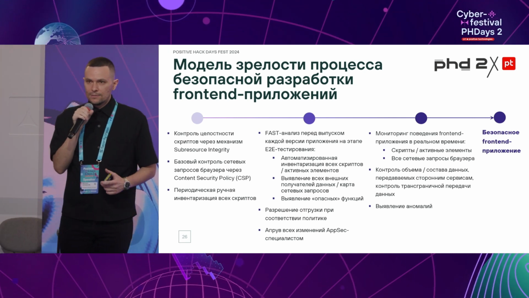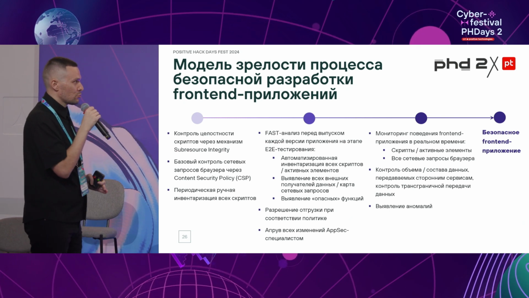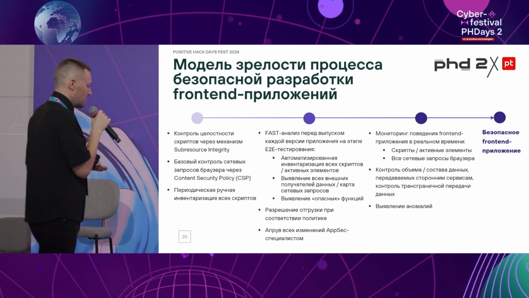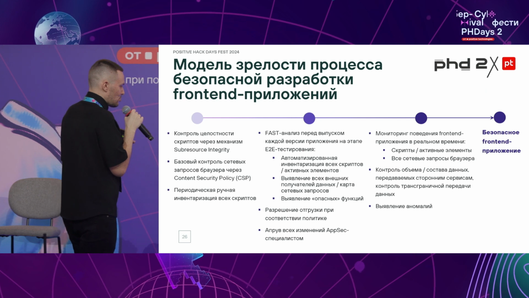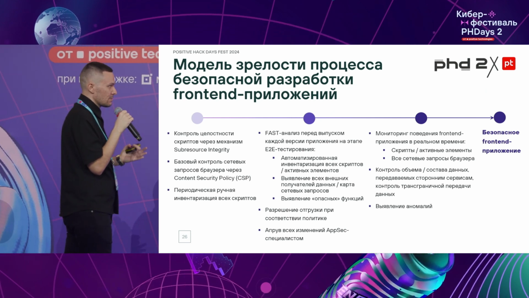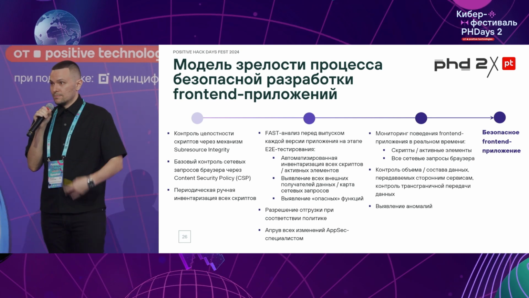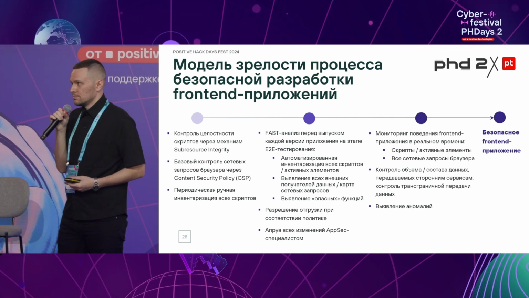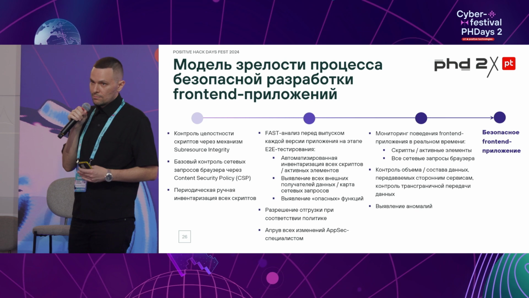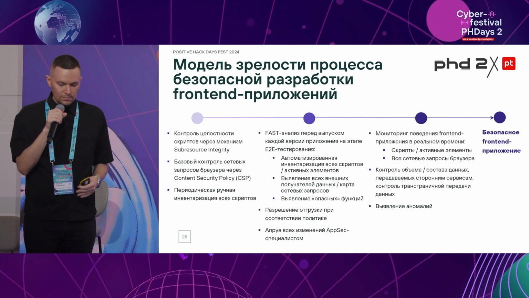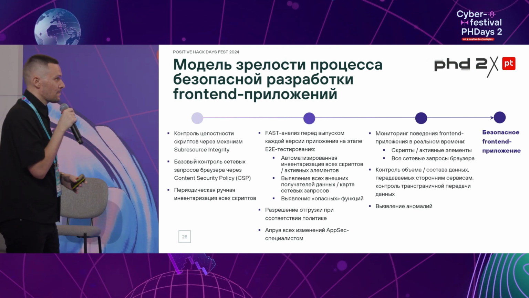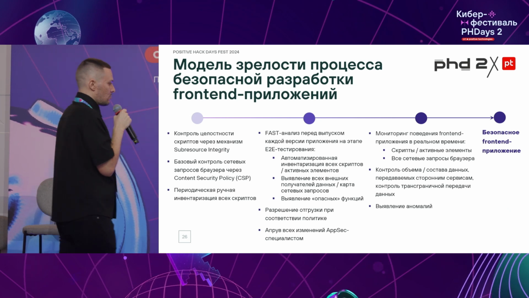The next level of maturity: implement Fast Analyzer. Fast Analyzer does automatic, with the necessary level of precision, full inventory of all the scripts, network requests, and use of dangerous functions. The OPSEC engineer approves all the changes. Only if the control has been passed is the application released.